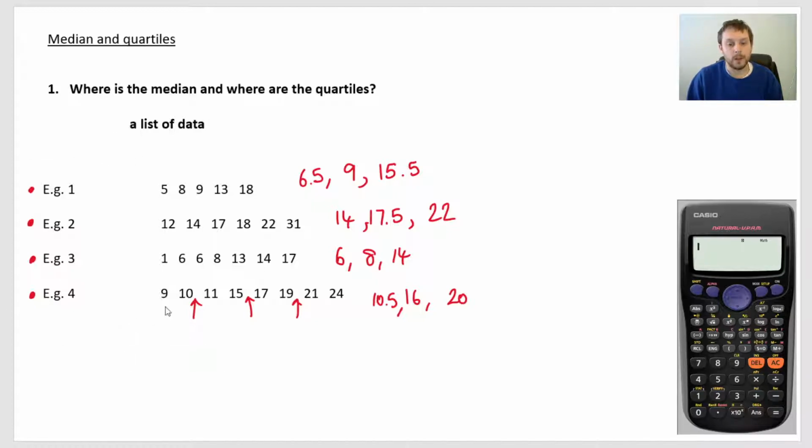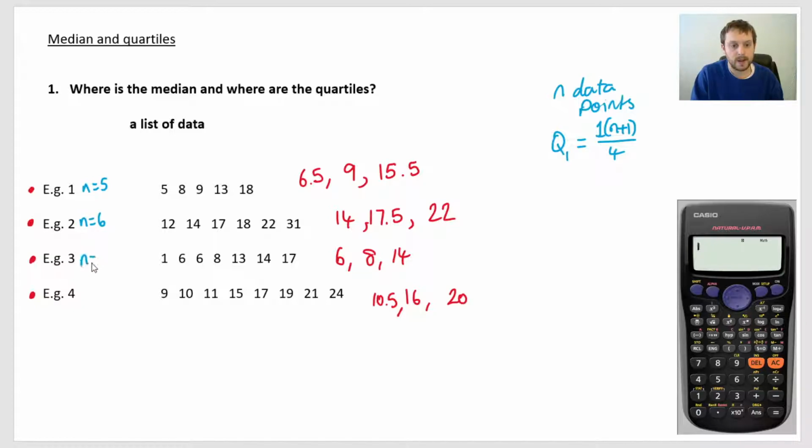the one in the book gives you a formula for locating whereabouts the quartiles should be. So quartile 1 is located, so if you've got n data points, so this will be n is 5, this will be n is 6, this will be n is 7, and this is n is 8.